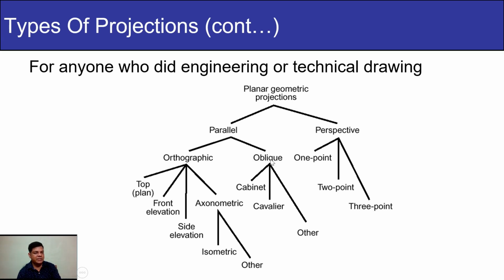Oblique parallel projections can be cabinet or cavalier projection, while with the help of orthographic projection we can produce the top, front and side views of an object. One more type of orthographic parallel projection is axonometric parallel projection, and it could be of type isometric. So these are the different types of projections that we could have.